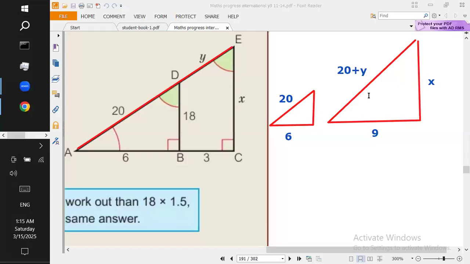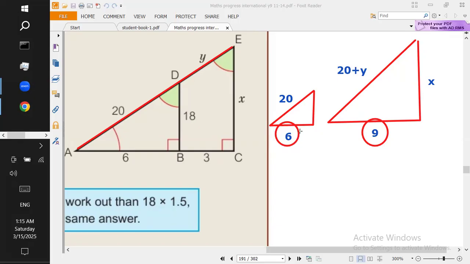Now, to find the missing lines, first thing I do, I have to find the scale. As we said, to find the scale, we have to divide the bigger number by the smaller number, and this happens by finding the corresponding lines. So this one is corresponding to this one, and as we explained, corresponding means the same lines on different shapes.